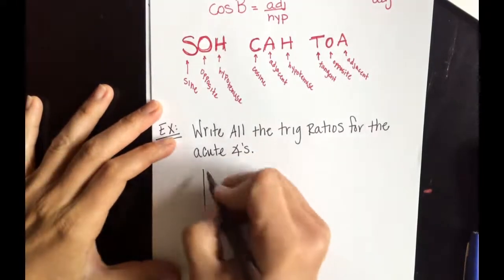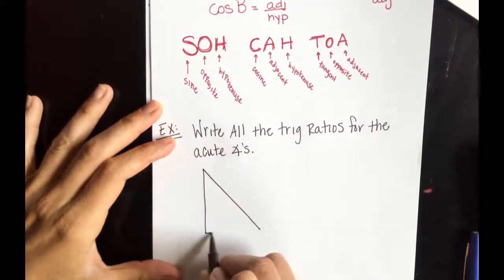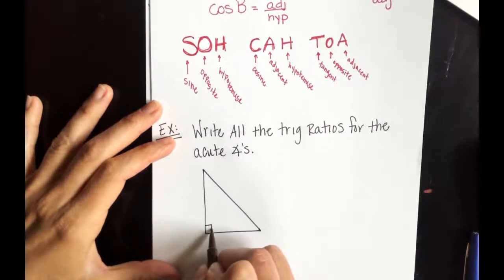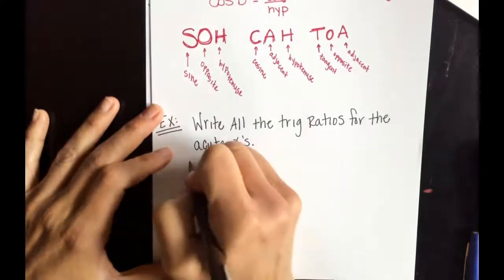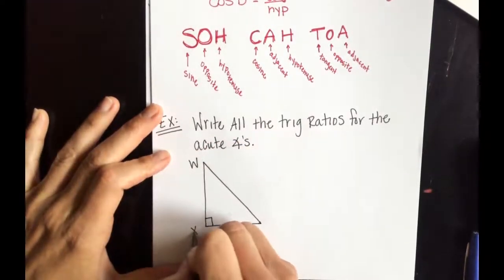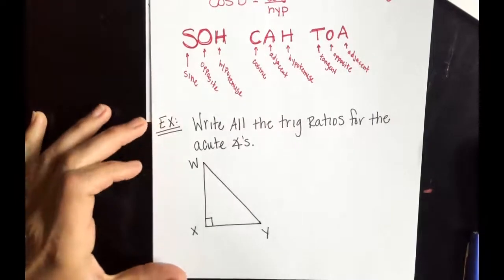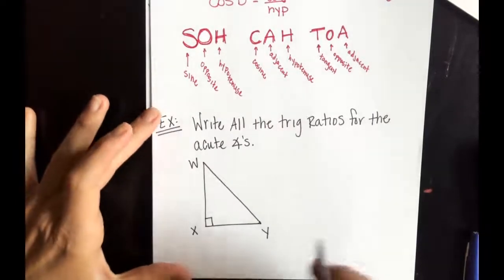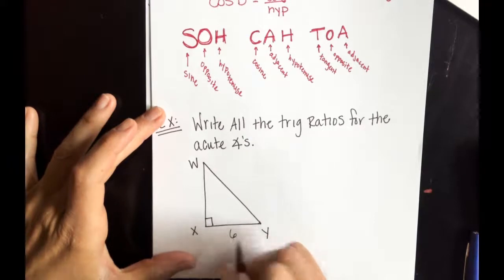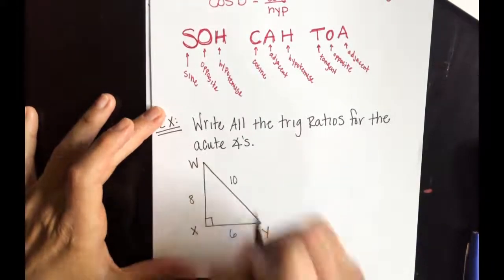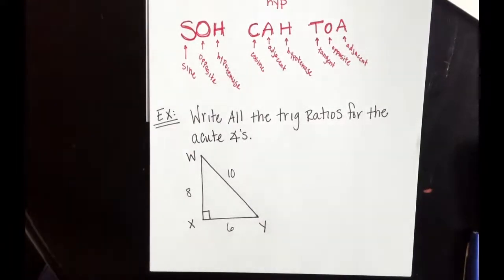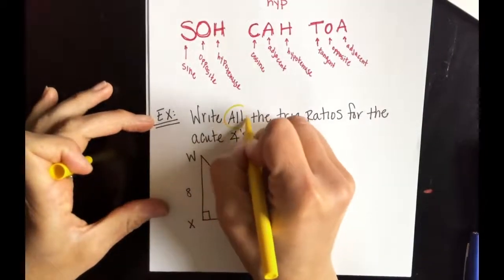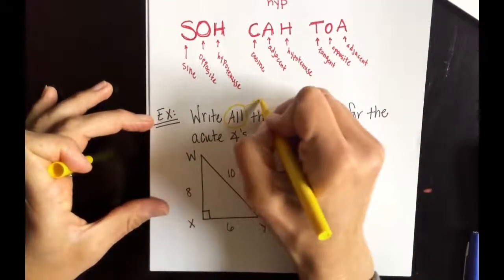And I'm giving you this right triangle. And I'm going to tell you that this is W, X, Y. Not very creative this time. And this is going to be 6, 8, and 10. Well, the first thing I have to pay attention to is that it says all of them, so that means I'm doing more than one. So all, more than one, folks.